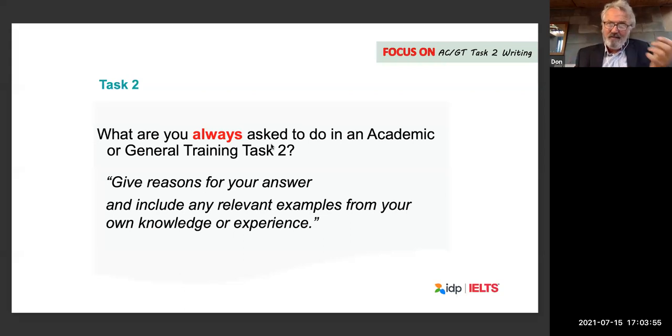So we want the reasons why you think something. And we want evidence. It doesn't have to be from a book. It can be from your personal experience, from your own knowledge. That means you can support your opinion by saying, this happened to me, or this often happens to people in my country. That's perfectly okay in an academic or general training task 2.